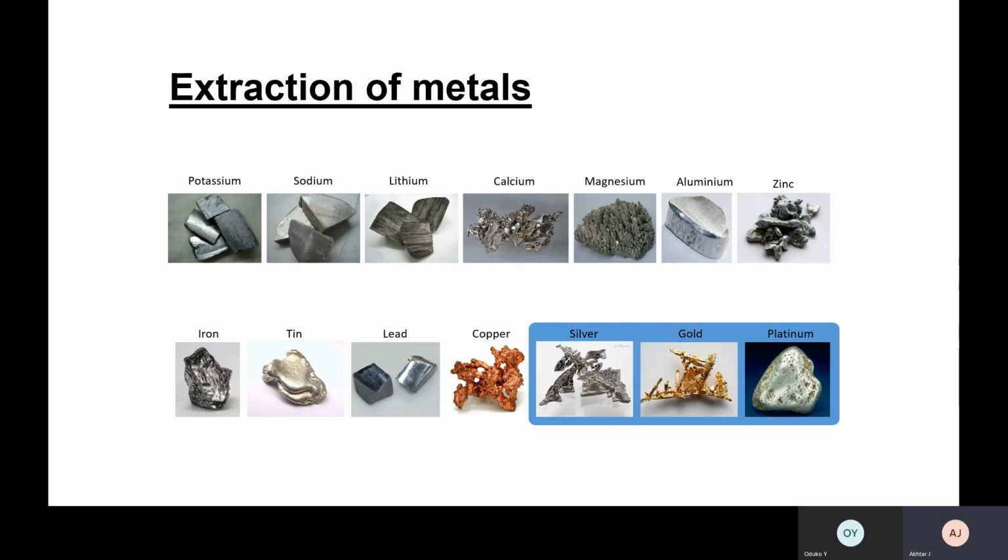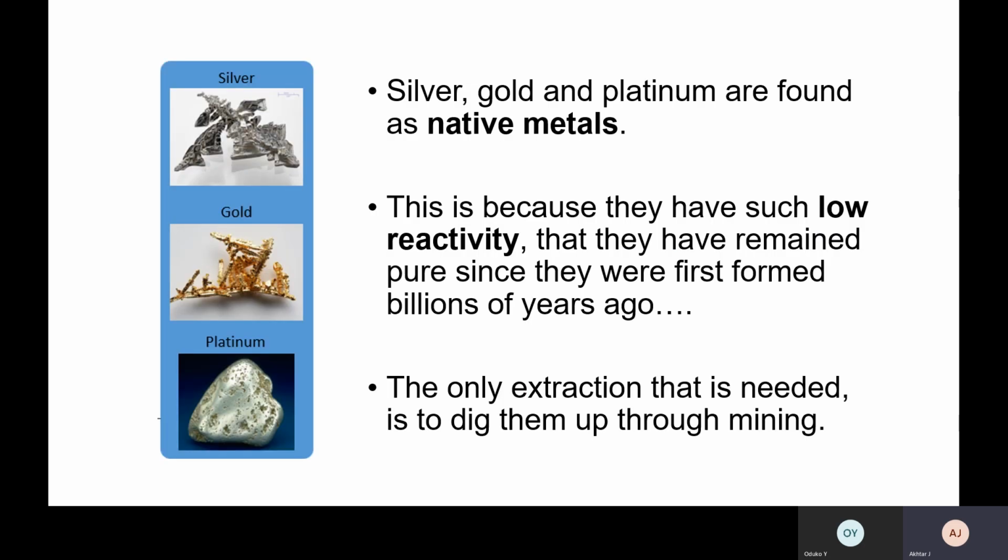Right, so silver, gold and platinum, the least reactive metals on our reactivity series. They remain pure while they are underground. So when they are found or dug up, that is the main kind of form of extraction for those metals.